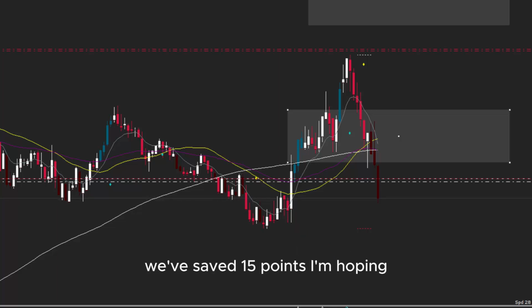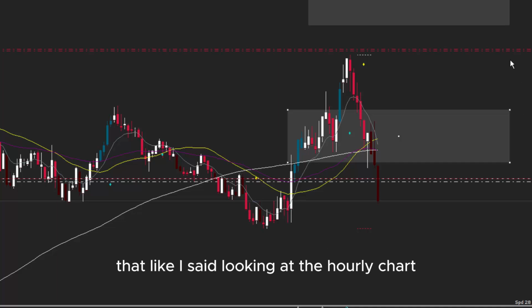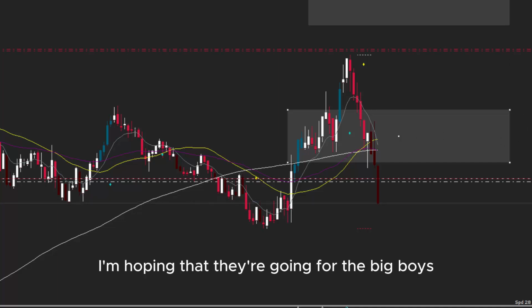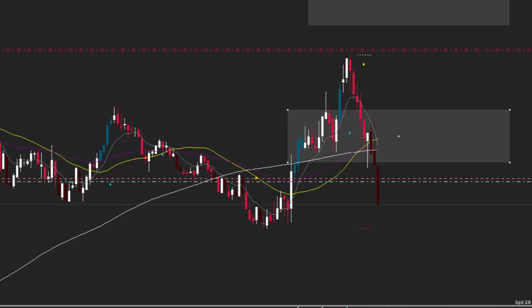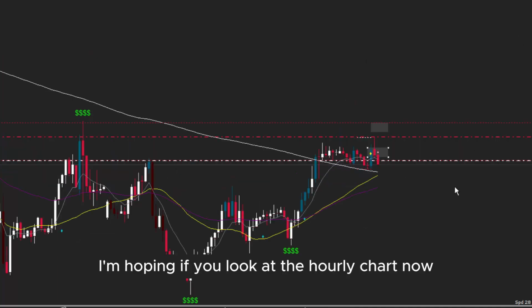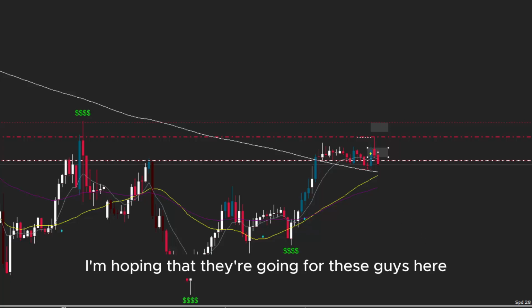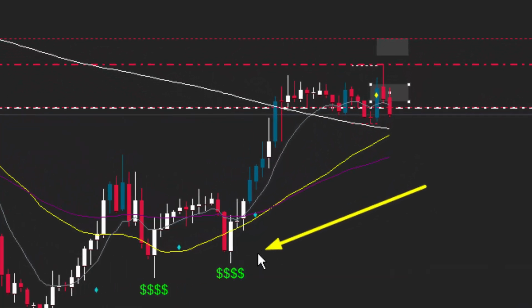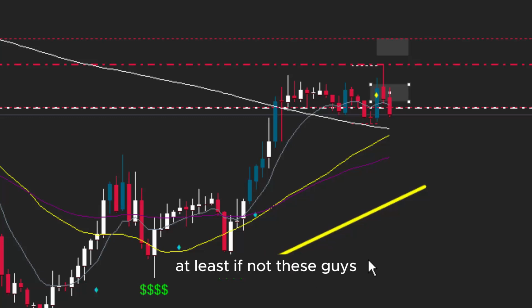Like I said, looking at the hourly chart, I'm hoping that they're going for the big boys right at the bottom. If you look at the hourly chart now, I'm hoping that they're going for these guys here. At least, if not these guys, at least these guys here.